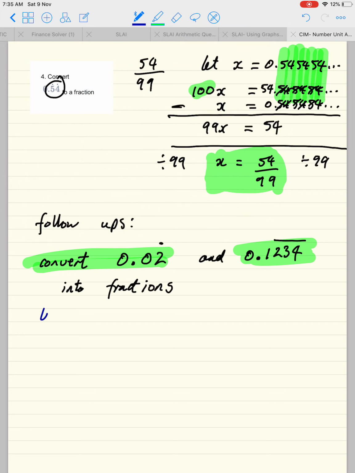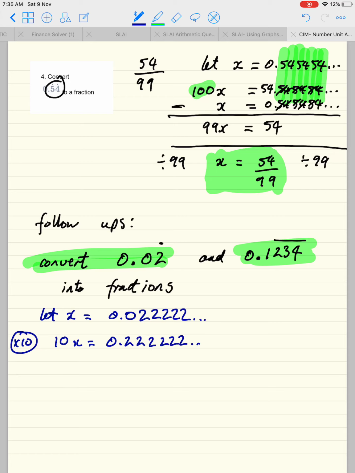Okay, so we start again. Let x represent the recurring decimal. Okay, so one recurring digit, so times by 10. So we times both sides by 10. Everything jumps one place to the left.